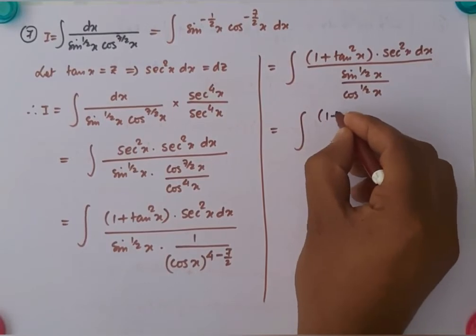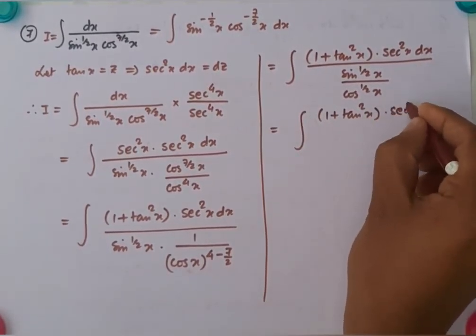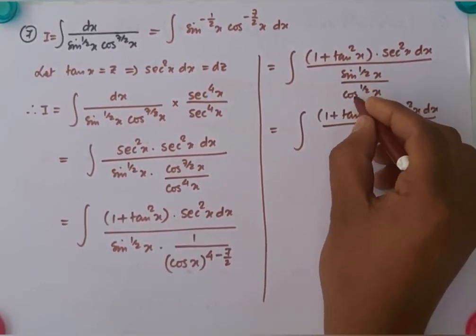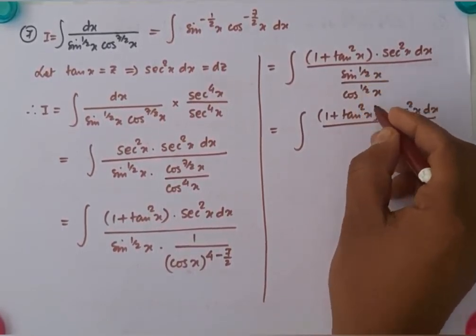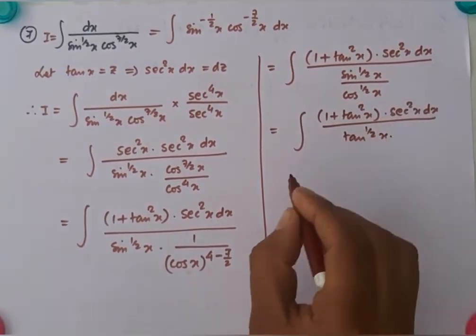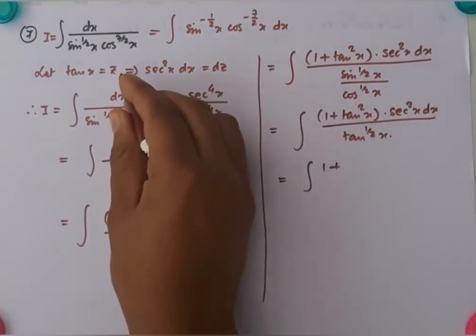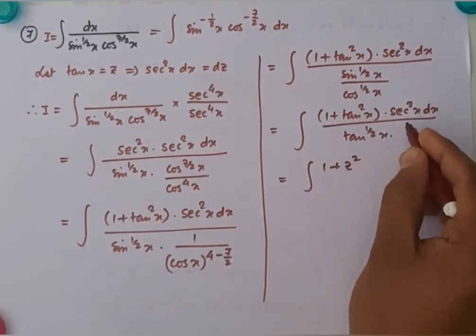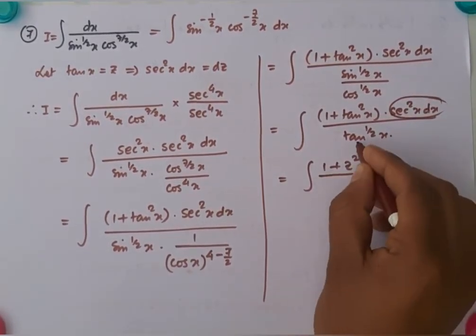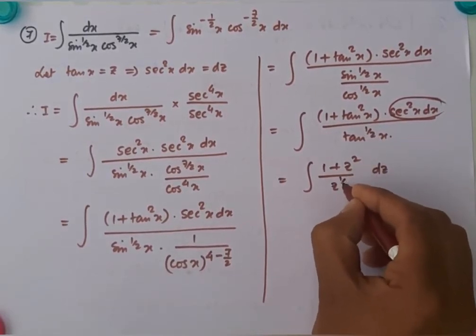So this is 1 plus tan square x into sec square x dx by, this is sine by cos, both have the same power, so this becomes tan to the power half x. Now let's do the substitution. Tan x is z, so this becomes 1 plus z square, sec square x dx is dz, divided by tan x to the power half, so z to the power half.